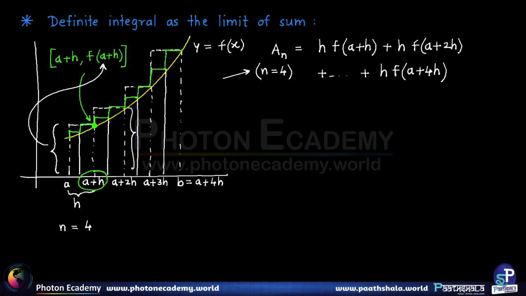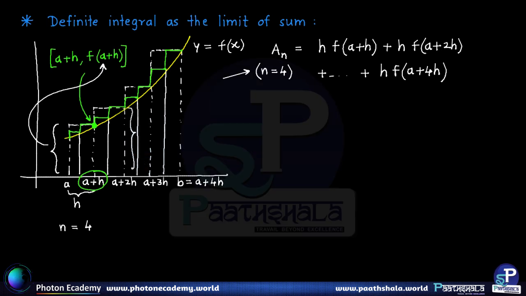So the more rectangles we consider, the better is our approximation and closer is the calculation of area. So therefore we can now take the limit of this sum of areas as n becomes larger and larger and tends to infinity, isn't it?